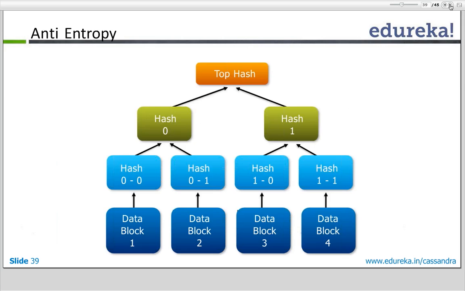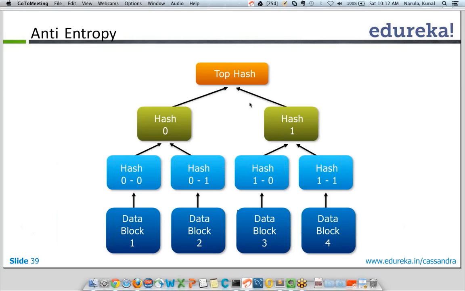Okay, so going to the next slide. This is how the Merkle tree is prepared. Wherever the difference is, it will just go to the difference and fix it. Suppose this is the column family name, the top hash is the column family. Let's say it is the row key, first row key Kunal, and then the first name, last name.